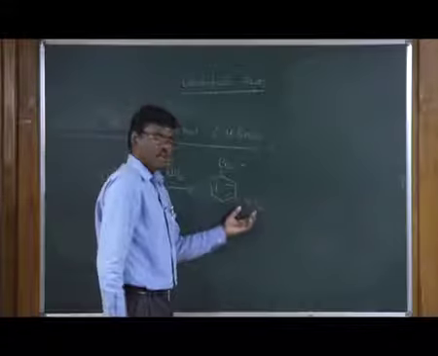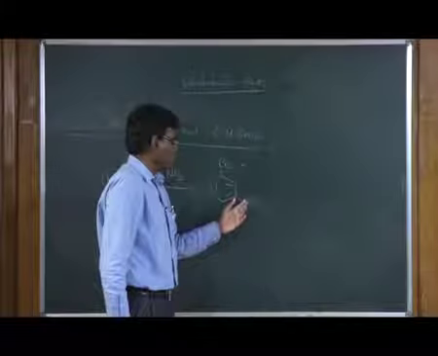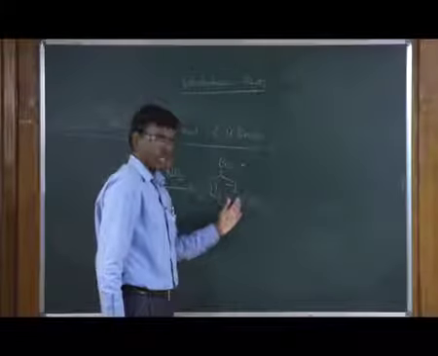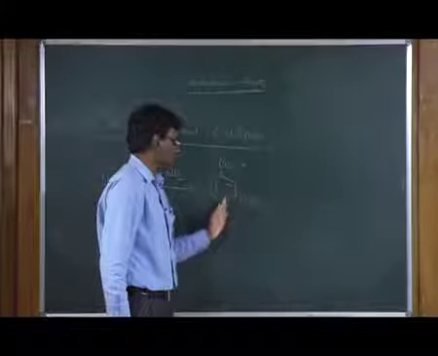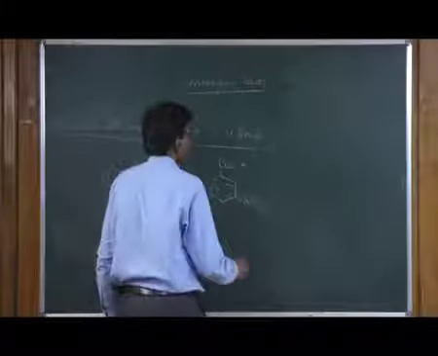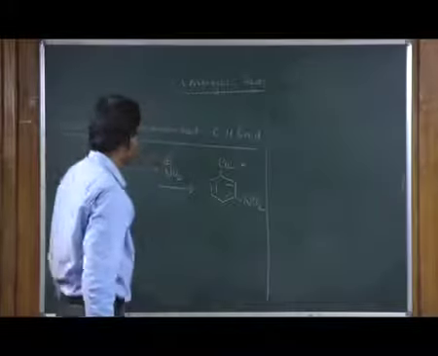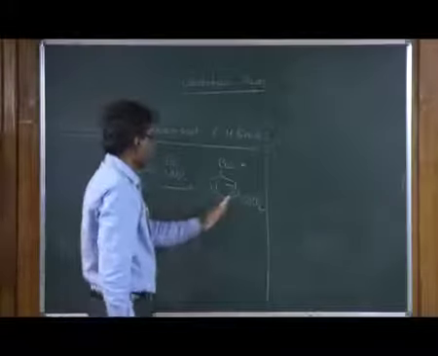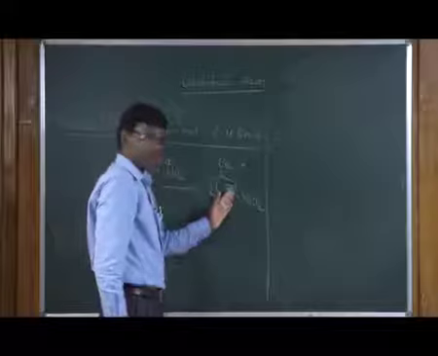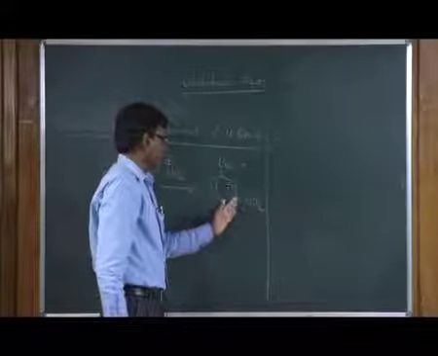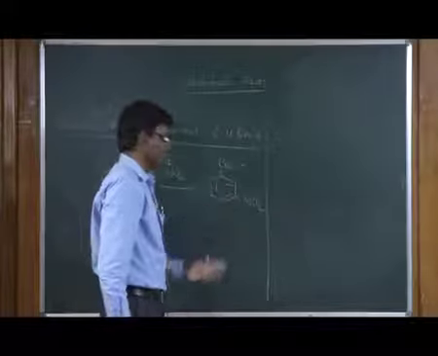Always in this case the electrophile undergoes reaction at the meta position, this carbon atom, not here. This can be explained if you write the reaction pathway: why selectively the electrophile undergoes substitution at the meta carbon atom, not at the para or ortho carbon atom.